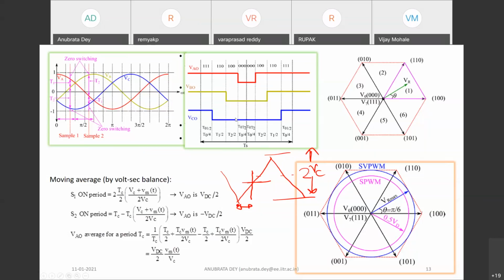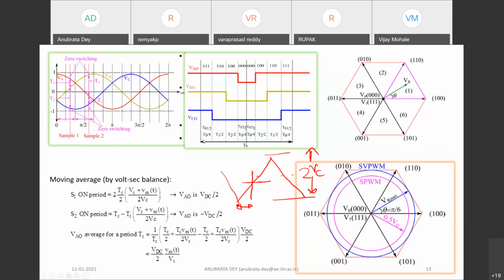In this picture, VA0 is the pole voltage of A phase, VB0 is the pole voltage of B, and VC0 is the pole voltage of C. The first cross is C, because B and A are a little upside. C is the lowest value, so it crosses the carrier first. This particular time you can easily find out by this mathematical calculation.